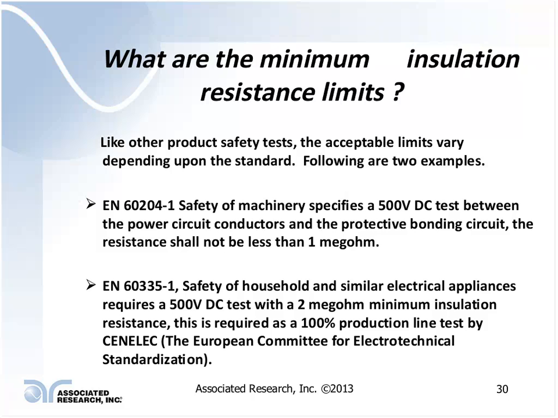The minimum insulation resistance value should not be less than 1 megohm. 60335 for household appliances specifies a 500-volt DC test with a 2 megohm minimum insulation resistance. Cenelec basically requires this test as a 100% production line test.